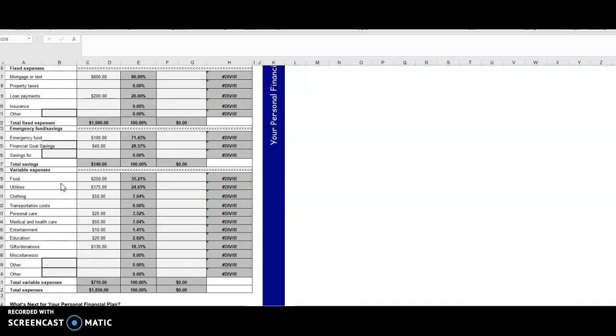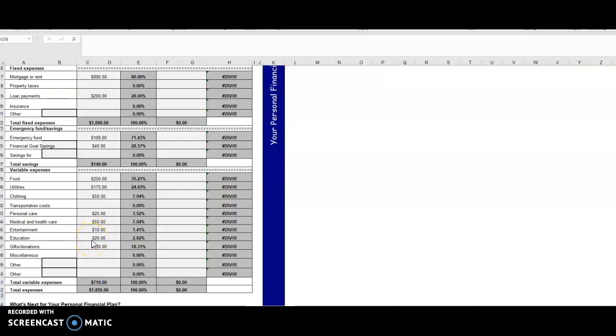Let's look down to variable expenses. Same thing as variable outflows. Let's say we're going to budget $250 for food, $175 for utilities, $50 a month for clothes. This is our plan. We're going to spend $25 on personal care, maybe $50 a month on medical and health. We have some entertainment that we're budgeting.